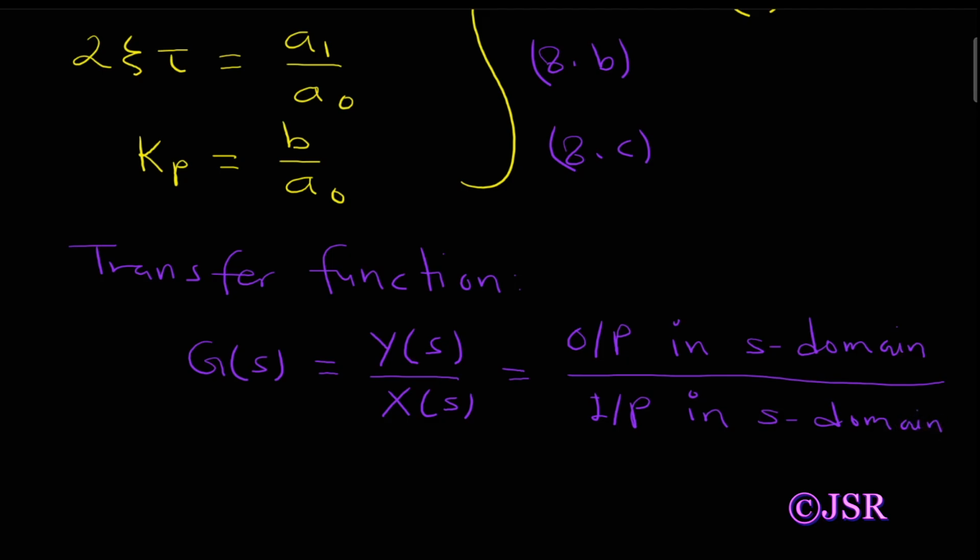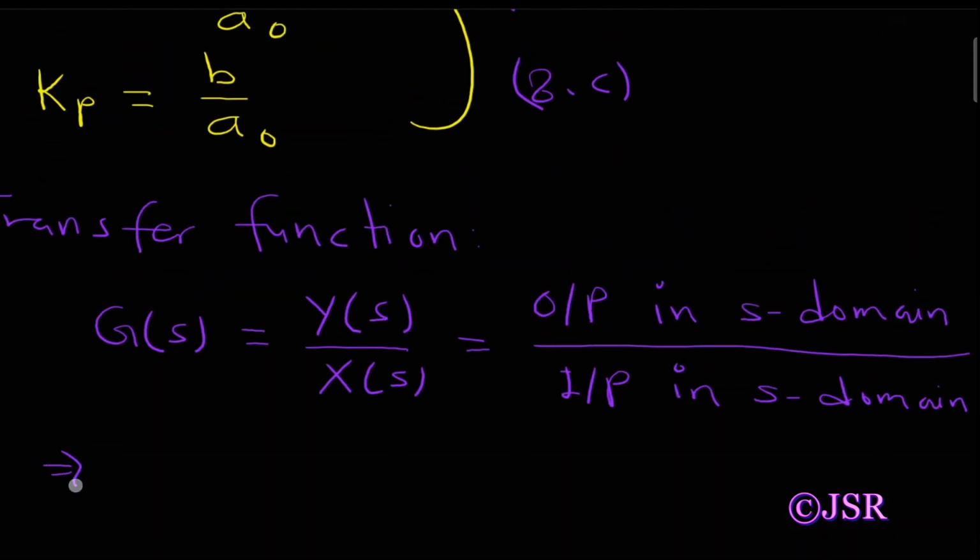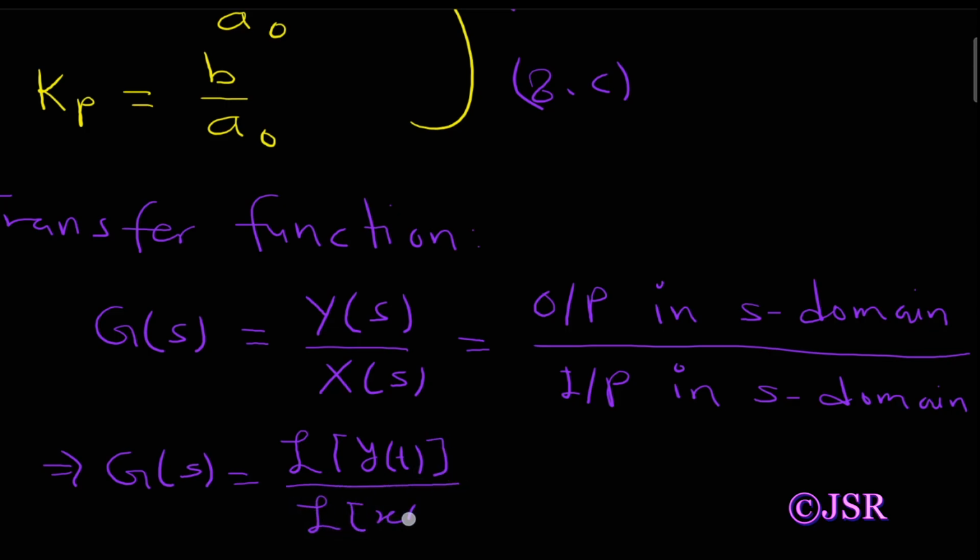So the transfer function g of s can be defined as y of s upon x of s equal to output in S domain divided by input in S domain, or g of s equal to Laplace transform of small y of t upon Laplace transform of small x of t, and that is equal to capital Y of s upon capital X of s.